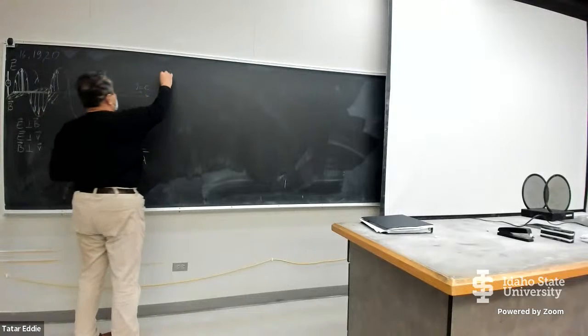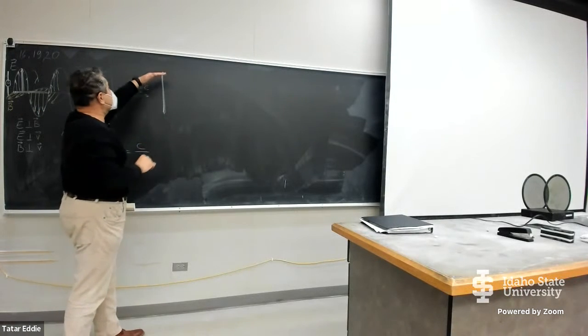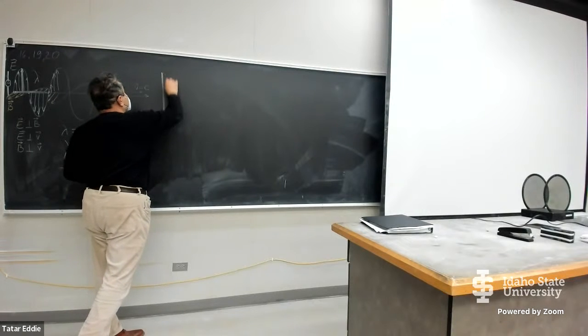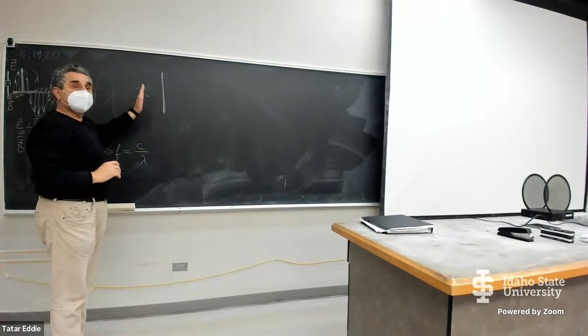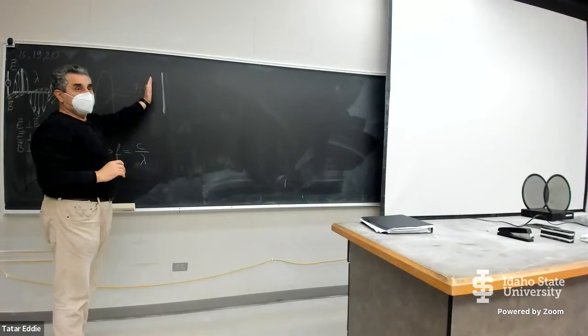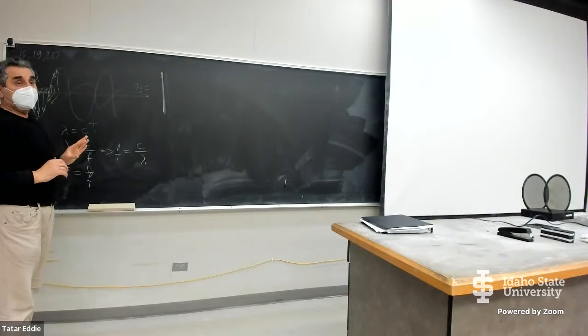Because a wire oriented this way is going to create maximum current flowing back and forth in this particular wire. So you need an antenna that is oriented this way for the electric part of the electromagnetic wave.